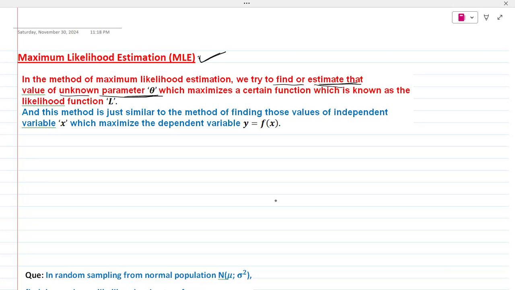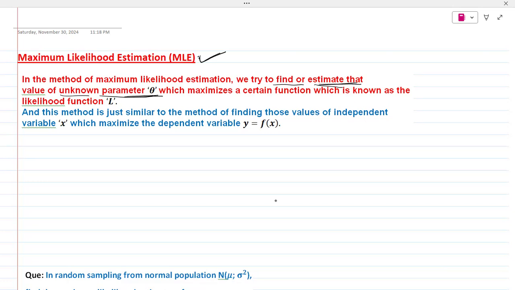Now in MLE, we try to find or estimate that value or those values of the unknown parameter theta which maximizes a certain function. This function is known as the likelihood function, and the symbol is L. That's why the method's name is maximum likelihood estimation.